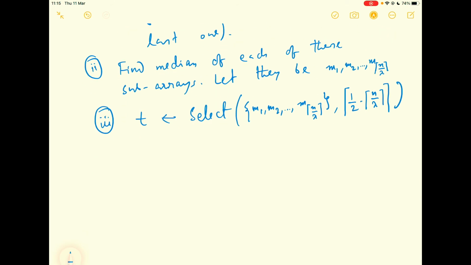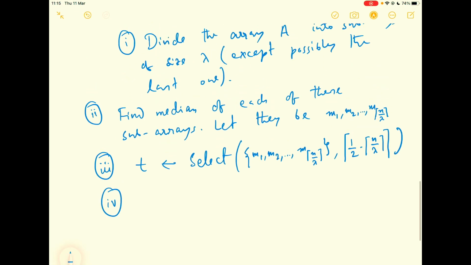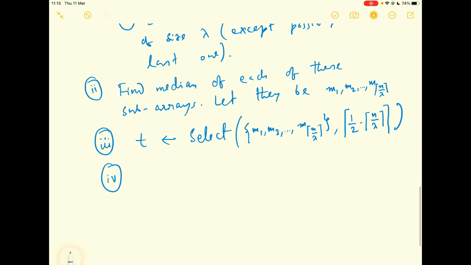So fourth is, again you find Q, you partition A with the pivot T, and everything remains same, and depending on where Q is, you recursively call it.